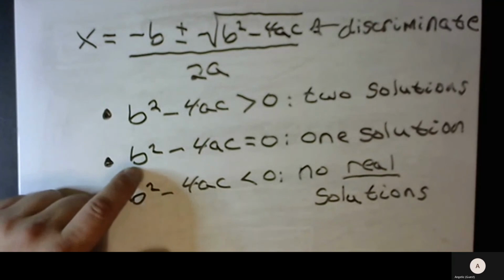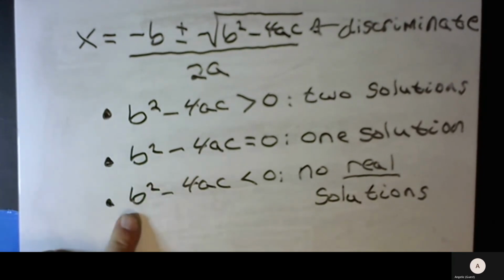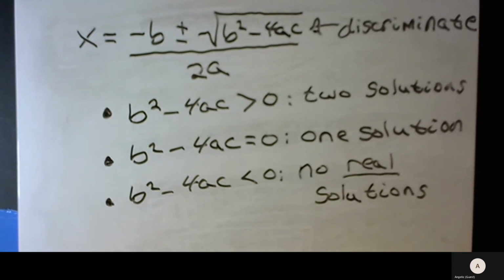If it equals 0, we're only going to get 1 answer. If it's less than 0, we have what are called no real answers. Now, there is an answer, but it's a special kind of answer that involves imaginary numbers, or what they call complex numbers. And that we won't get into today, but it is possible to describe an answer for this kind of discriminant. So any questions about that?